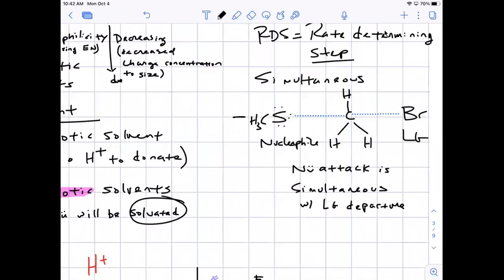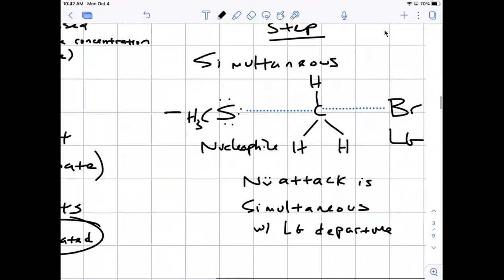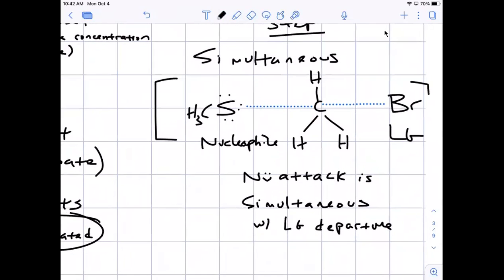As the nucleophile is coming in, that's why I'm saying it's concerted, because as the nucleophile comes in, the leaving group is leaving, right? And so this is what a transition state would look like for an SN2 type reaction.